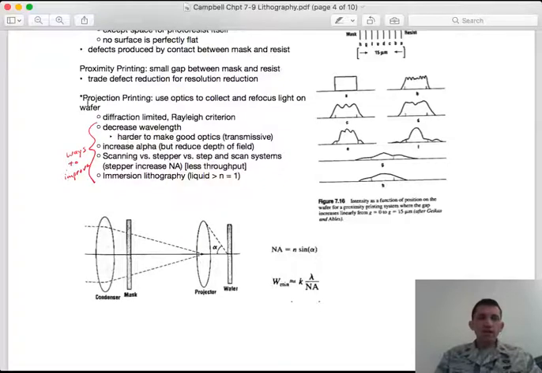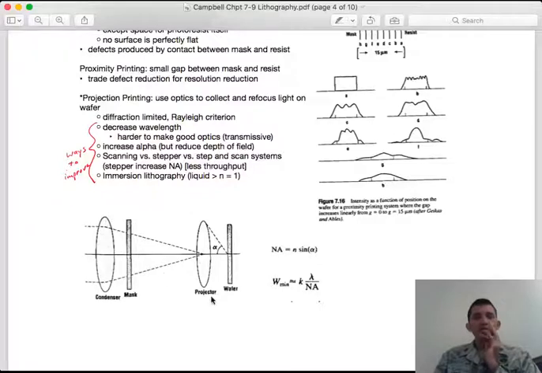And so again, projection printing is another driver for decreasing the wavelength, because that also helps you with these optical systems as you project an image of the mask onto the wafer.